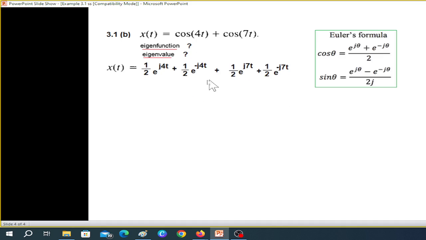So using this formula, cos 4t can be written as half e^(j4t) plus half e^(minus j4t). Similarly, the second one will be half e^(j7t) plus half e^(minus j7t).